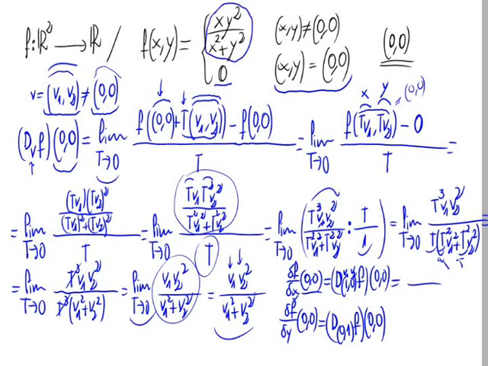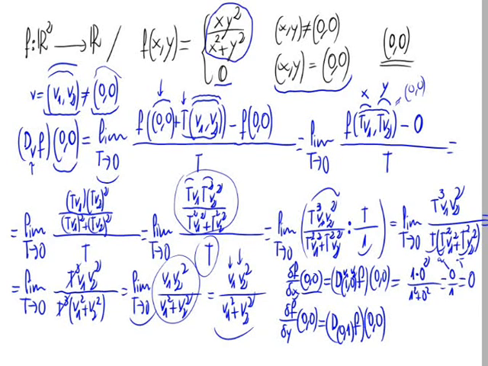So we would have the derivative in x is 1 times 0 squared divided by 1 squared plus 0 squared. This is equal to 0 divided by 1, and that is equal to 0.